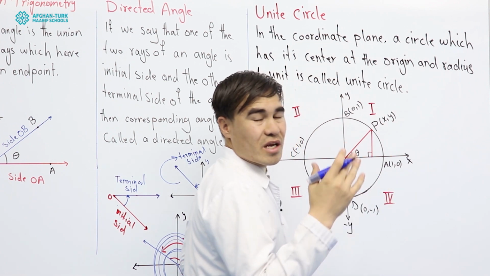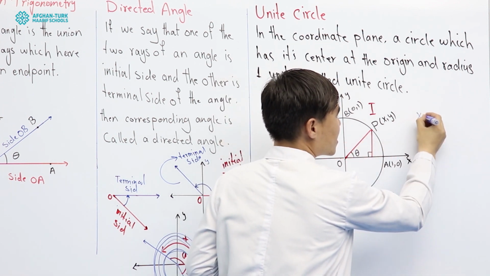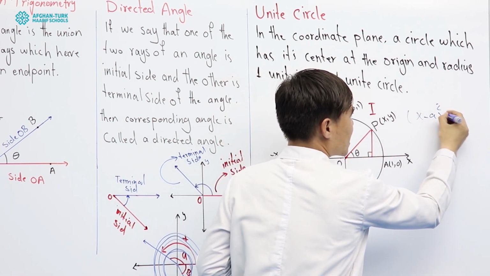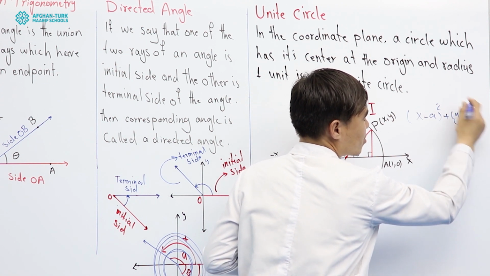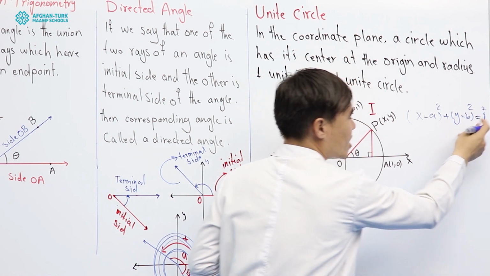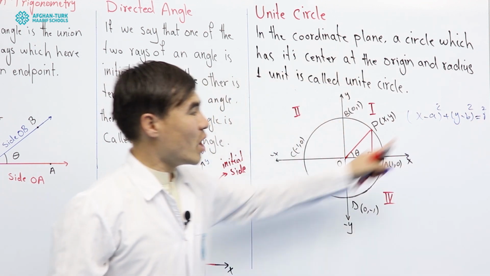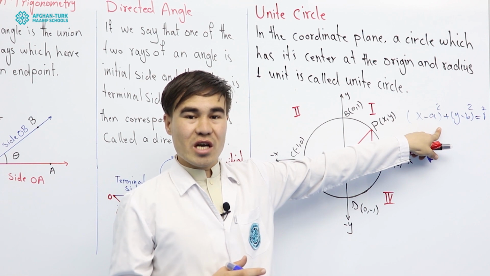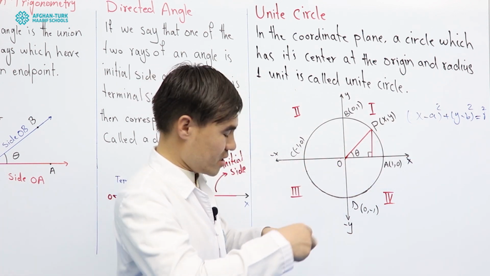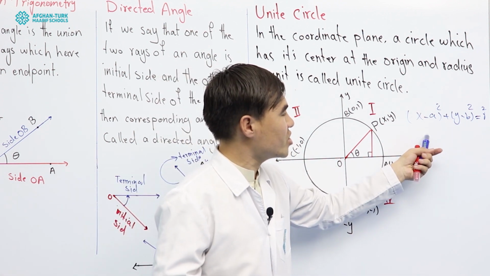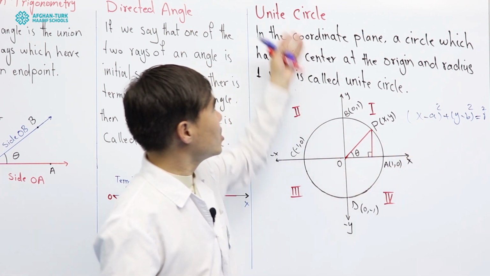First of all, we studied the standard equation in geometry, which is (x minus a) squared plus (y minus b) squared is equal to r squared. This was the standard equation of a circle. How can we change this standard equation into the equation of a unit circle?